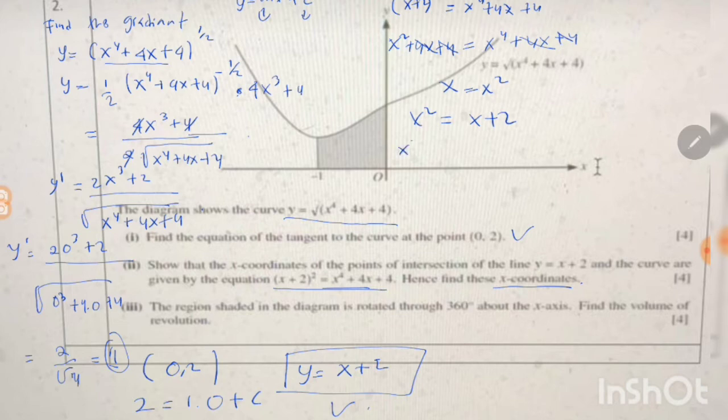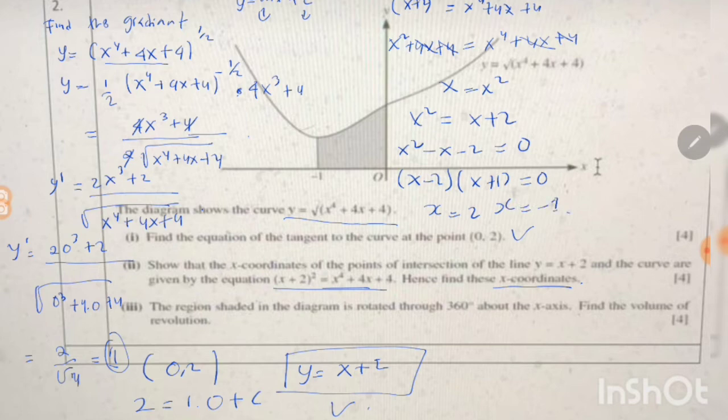Then you have x² − x − 2 equals 0. Then you have (x − 2)(x + 1) equals 0. Right, so the coordinate of x is x equals 2, then x equals negative 1.